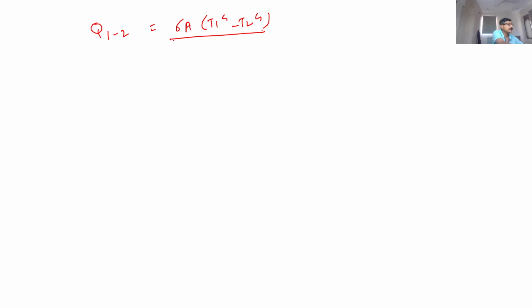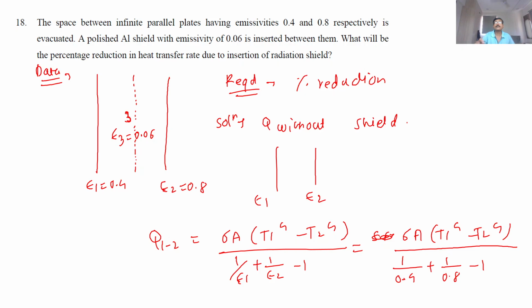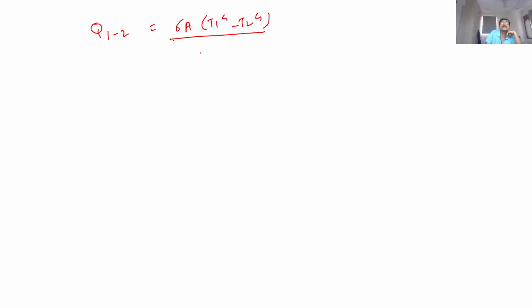I have done the calculation for you. It comes around as 2.75. The denominator comes as 2.75, so I will take the denominator to the numerator.